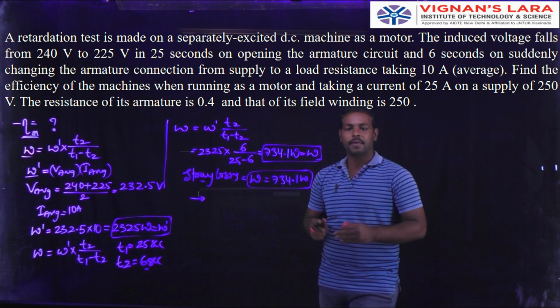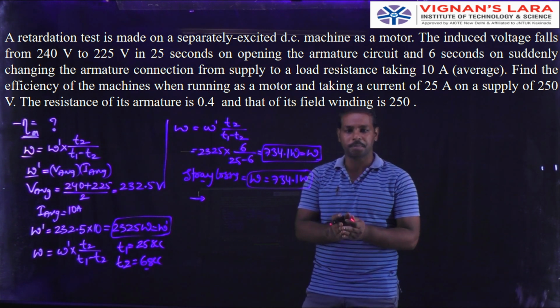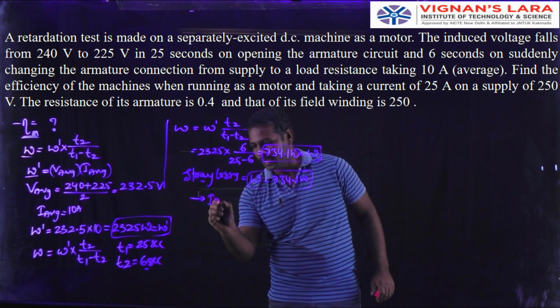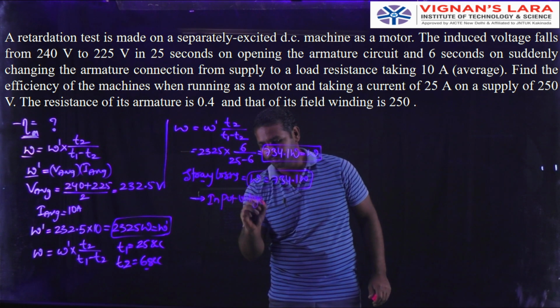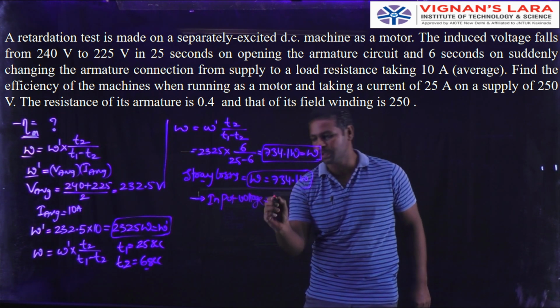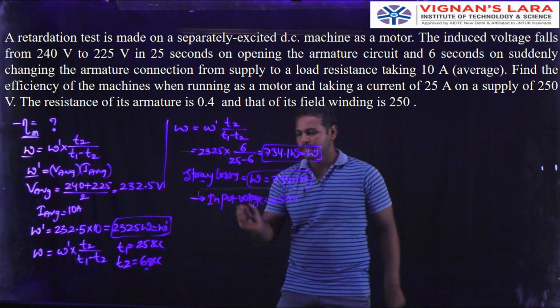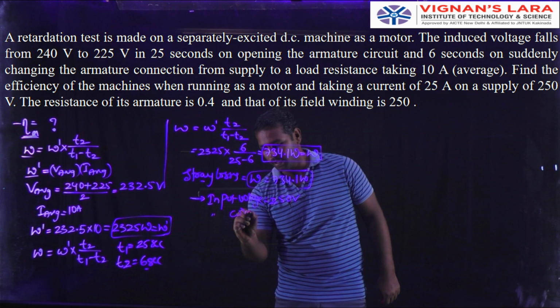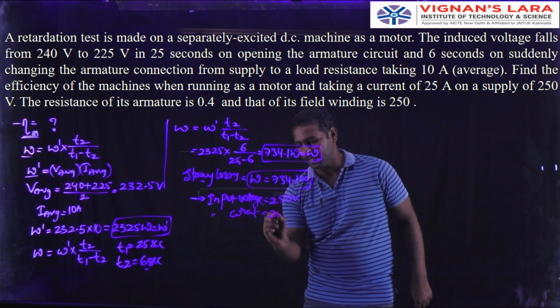Then, when the machine takes a current of 25 amperes from the supply, the input voltage is equal to 250 volts. The second one is the current: input current taken from the supply is equal to 25 amperes.